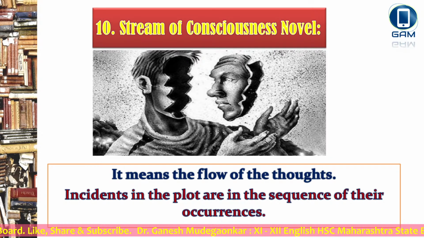Simply it should get flowed, and that kind of flow is being called stream of consciousness. Incidents in the plot are in the sequence of their occurrence. Simply things are happening and you are facing those things, and at the same time you are ready to face the consequences of these kinds of things.